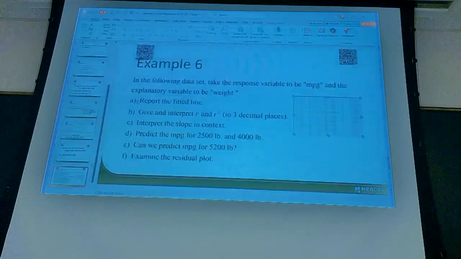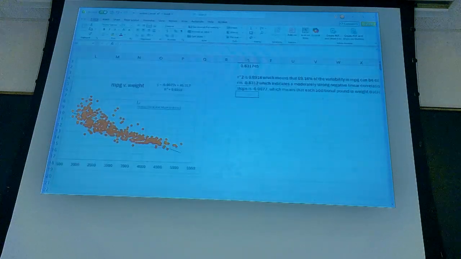Predict miles per gallon for 2,500 and 4,000. What's that, S7?